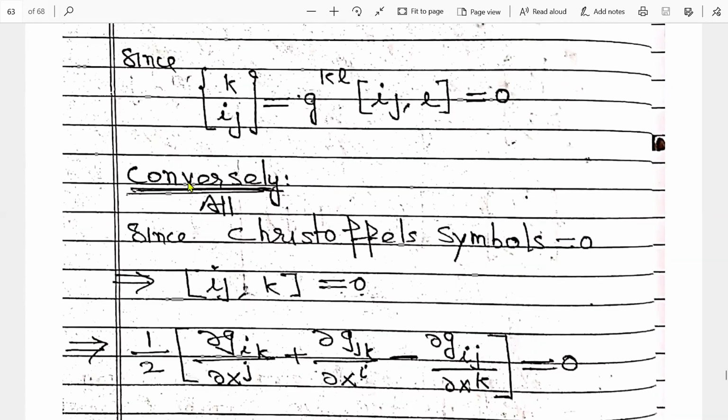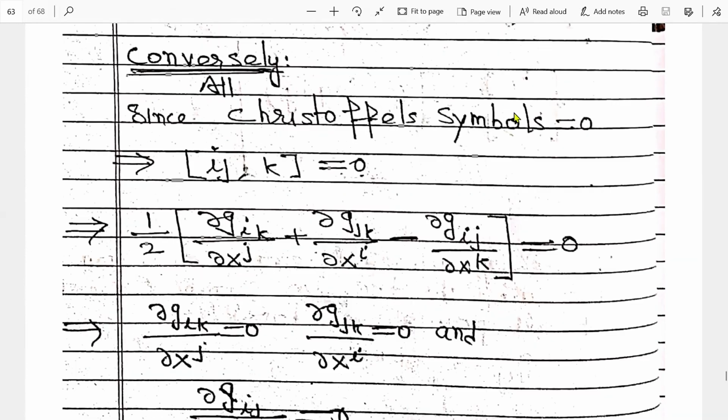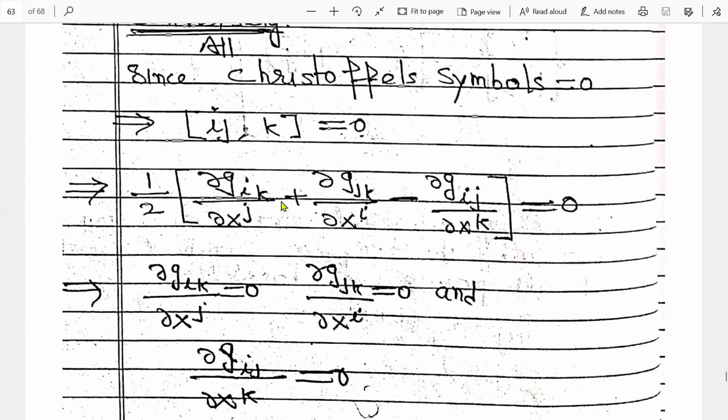Clear? Now the converse part, all Christoffel symbols are 0. In that case, the first kind [ij, k] is 0. So substitute the value of these. This is 0. It means the first term is 0, second term is 0, third term is 0.